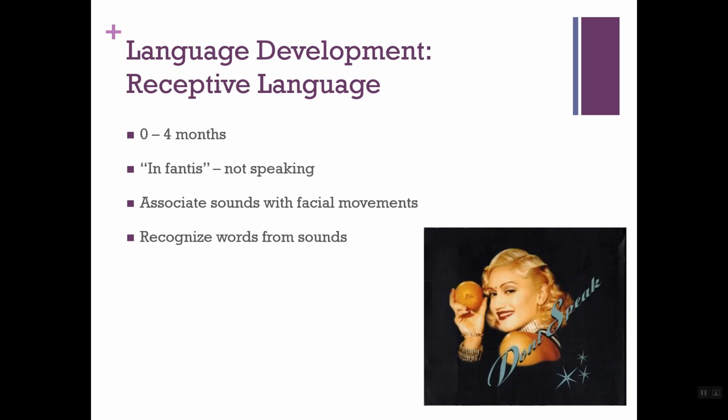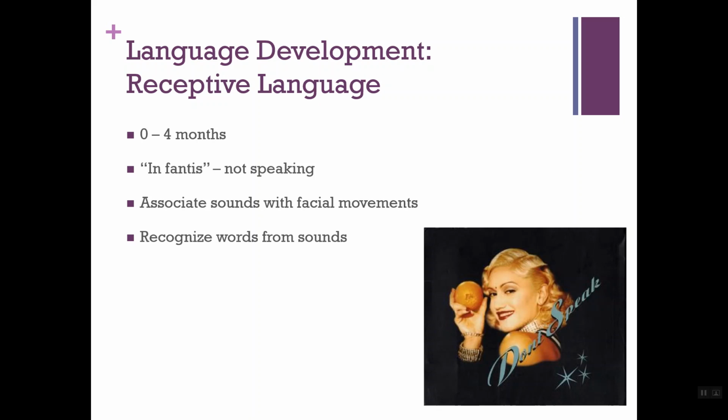And so they'll watch you talk, and they're going to start associating sounds with facial movements. And so that's helpful because then they can see how you produce certain sounds, certain words, and then attach that to how you move your mouth to do that. And so that's part of learning, right? So this is a receptive language phase because they're not speaking, but they're receiving information about language, okay?